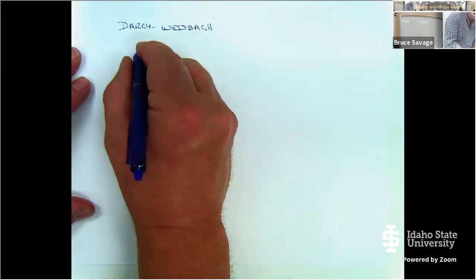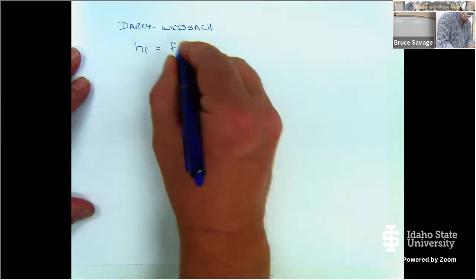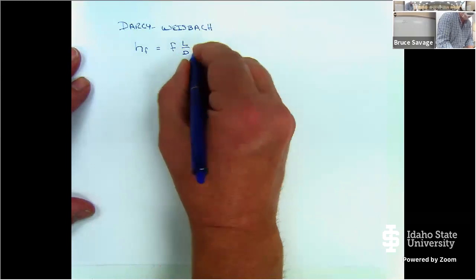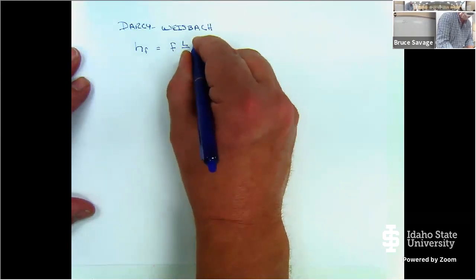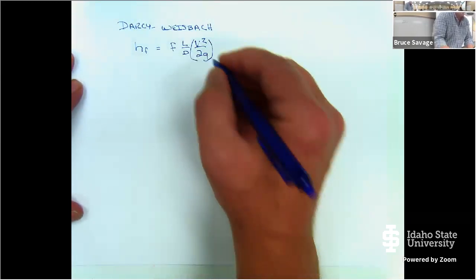The Darcy-Weisbach equation tells us that the friction loss is equal to the friction factor times L over D times V squared over 2g. Let's put that in parentheses.